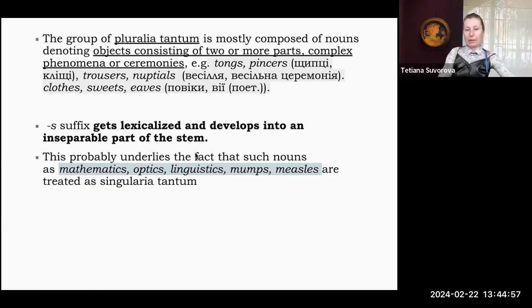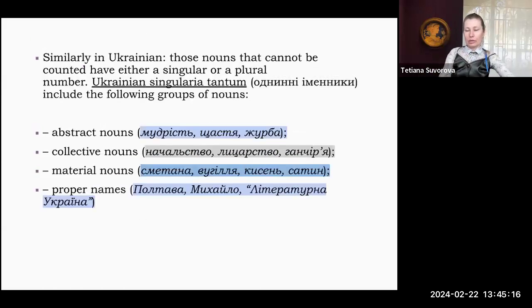So, for example, mathematics, optics, linguistics, mumps, measles. When you do the morphological analysis, you should remember that it is the stem. Це такий корінь великий, okay? Optics. It's not a separable element. Well, but you know about that when you learn and compare things, okay?